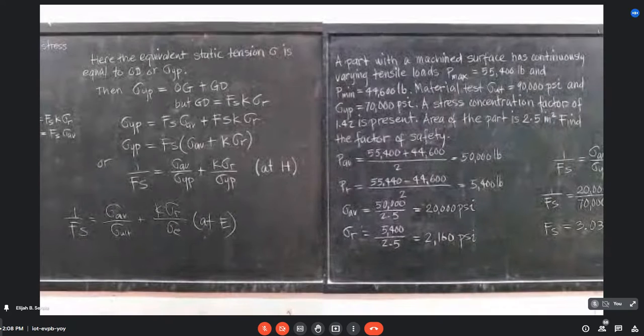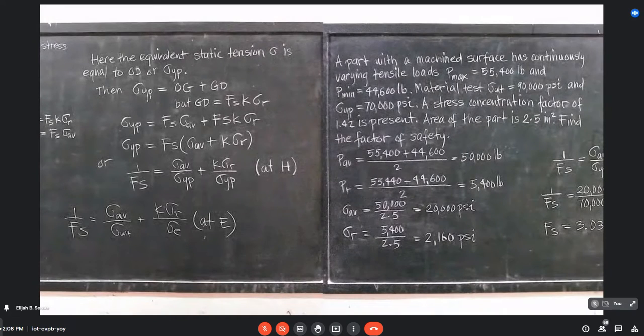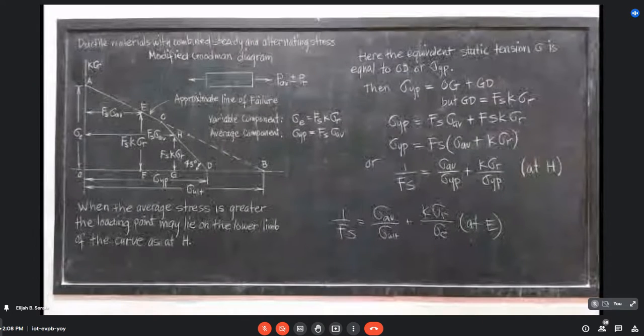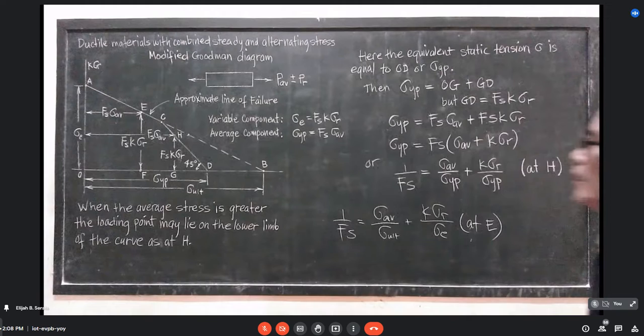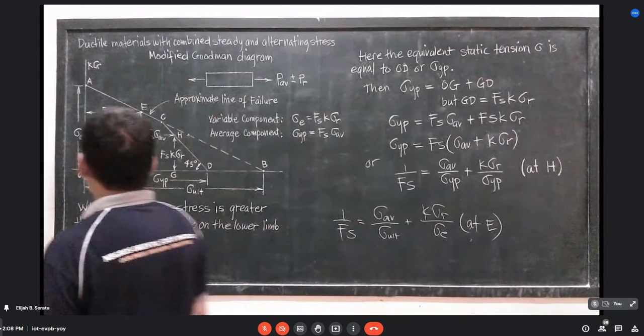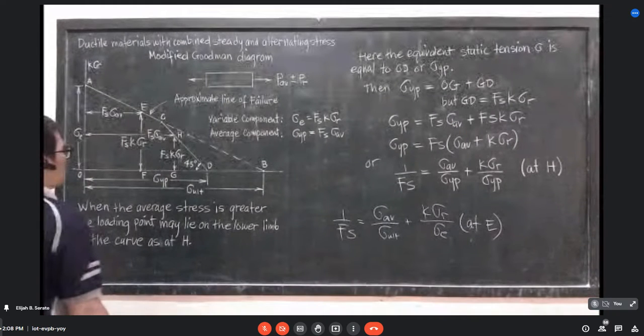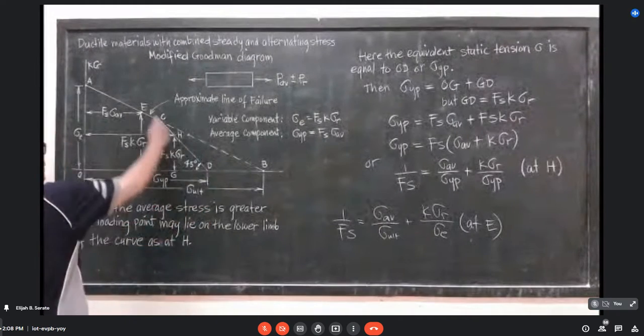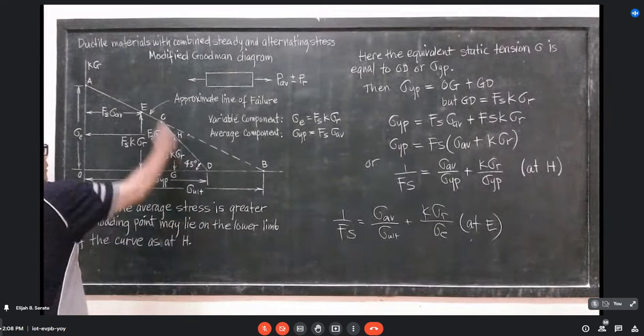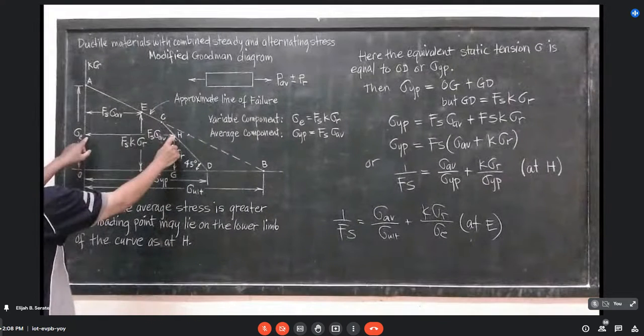Yes, sir. So I am going to try to explain it on the modified Goodman diagram. When you are on this line, this is your factor of safety times average.